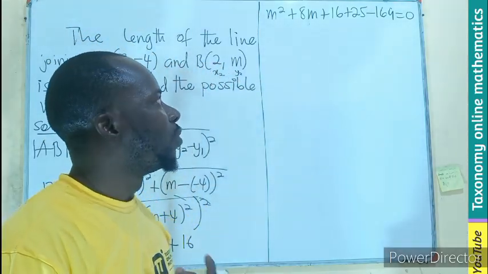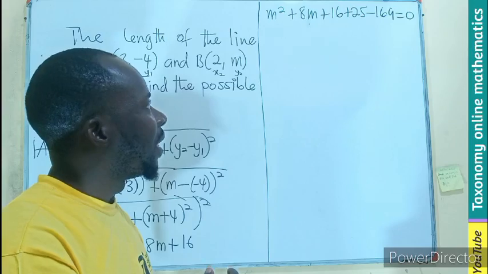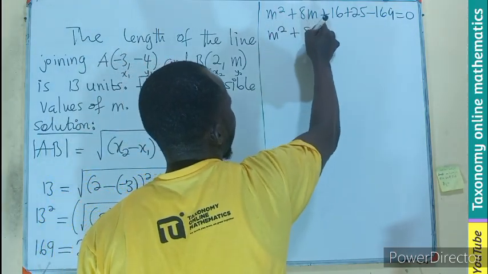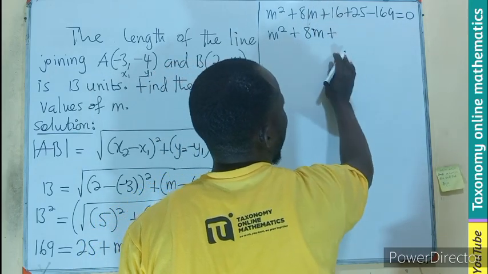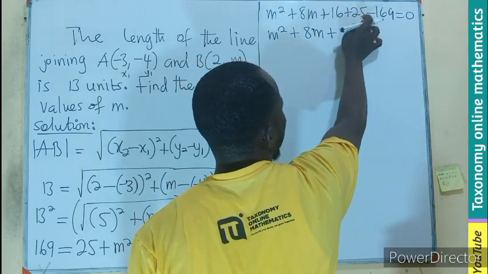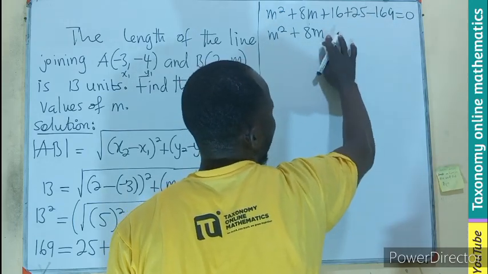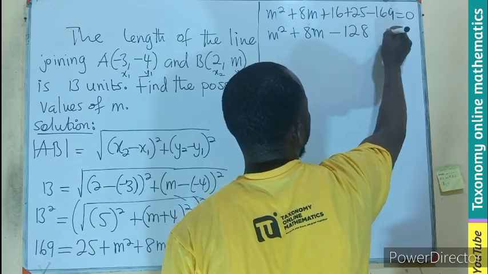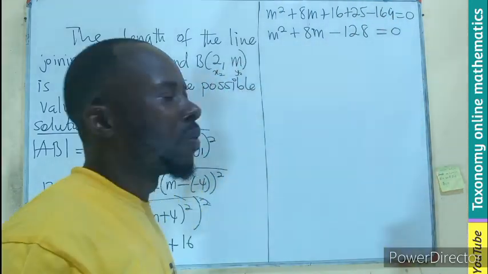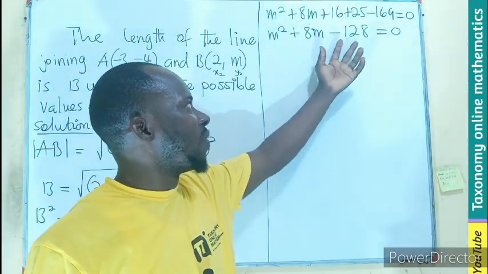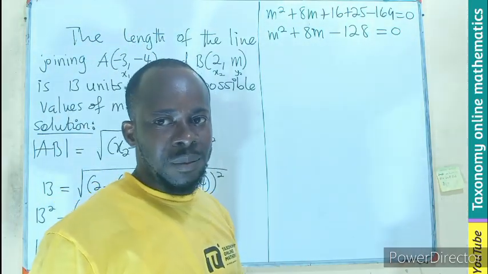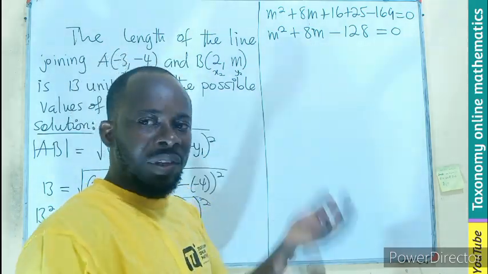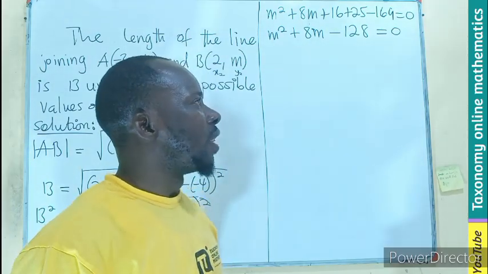So if that is the case, we can compute 16 plus 25 minus 169, which is -128. So we have m squared plus 8m minus 128 equals 0. Our task now is to find factors of -128 which, when you add them, give +8, but when you multiply them, give -128.